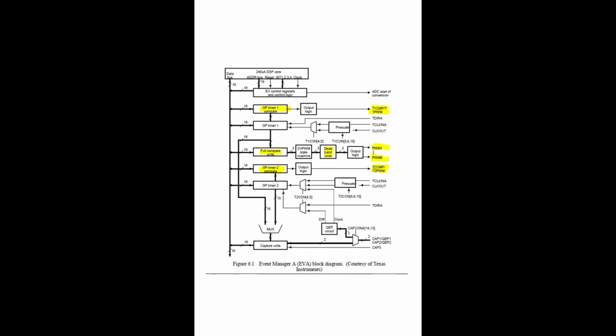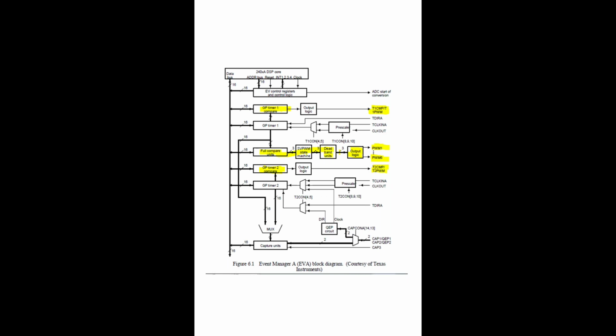This output logic is used to decide whether the PWM signal has to come out or not. If you deactivate this output logic block, even though the pulse is generated with the help of the full compare unit, PWM state machine, and then deadband unit, the output will reach this point, but it will not reach the output pin.